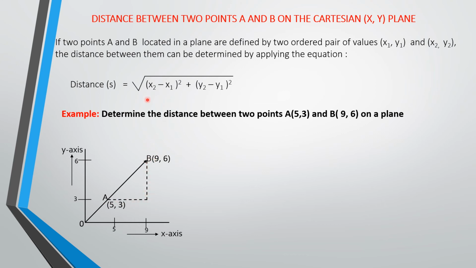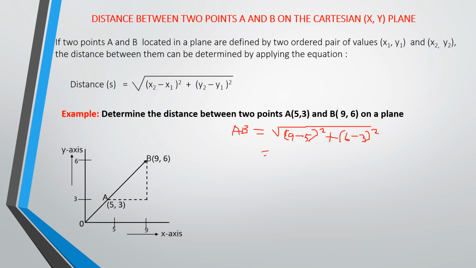Alright, so if you apply this equation, you are going to have that distance AB will be equal to the square root of 9 minus 5 squared plus 6 minus 3 all squared.